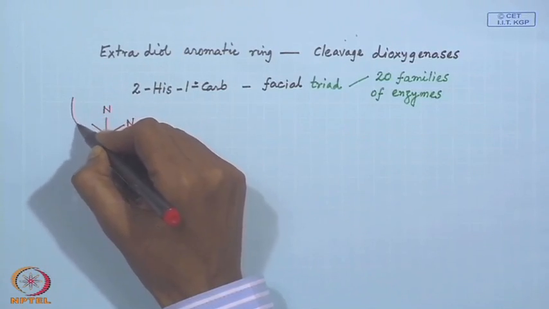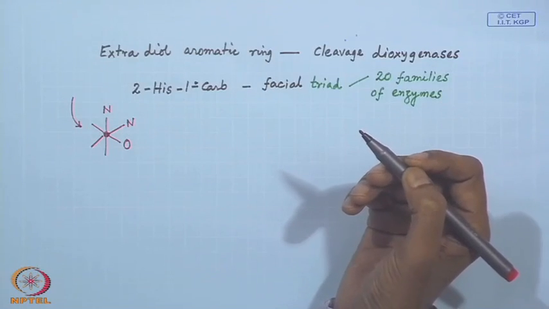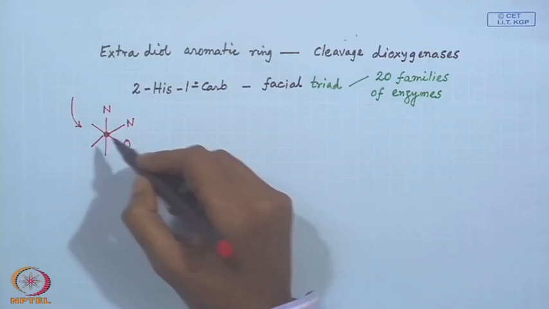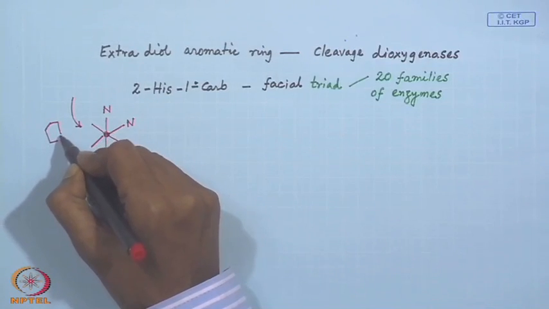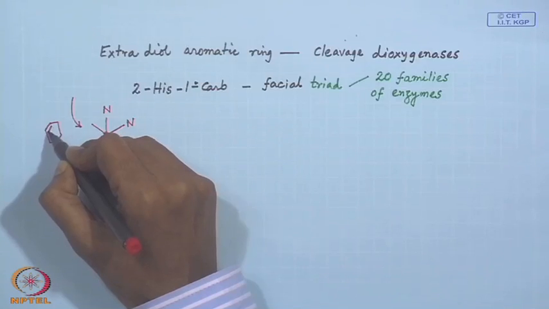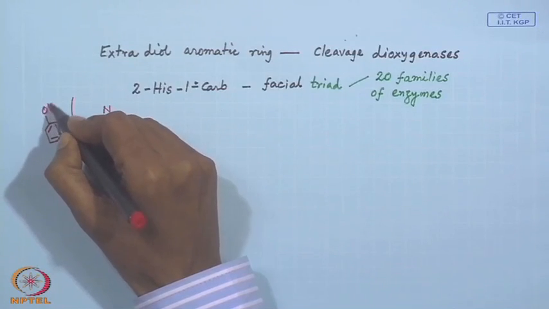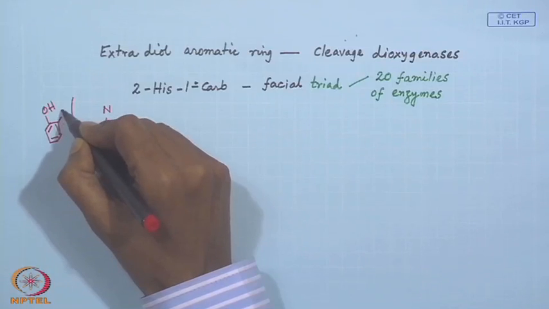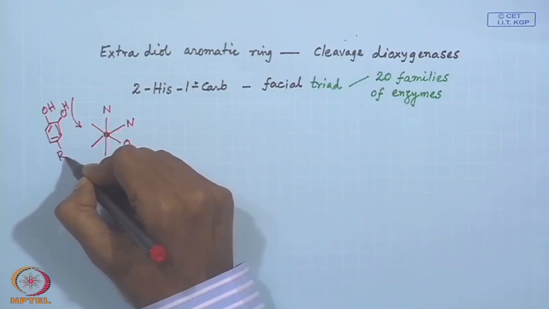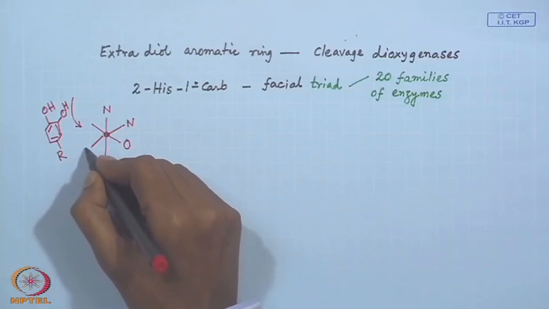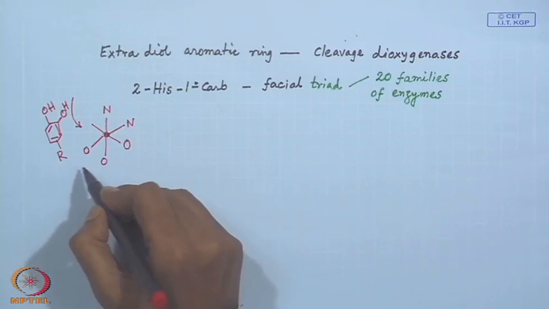After that we get the catalytic site, and then the catechol is binding there. So, you have the catechol there, and it will bind these 2 sites.